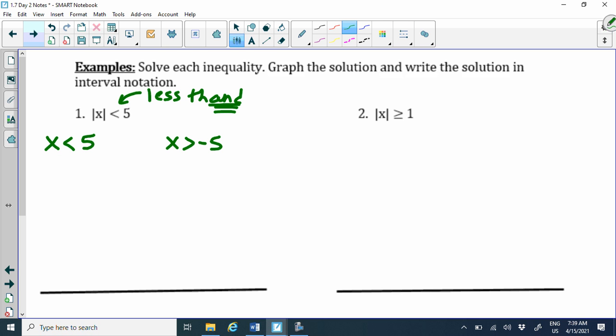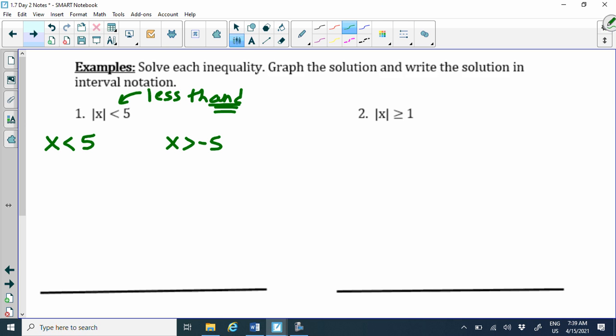So once we have our two inequalities, we solve for the variable. Our variable's already solved for, so that's great. Here we're going to shade in between. With our less than, we could also write this as what is called a compound inequality, because we have things in between 5 and negative 5.